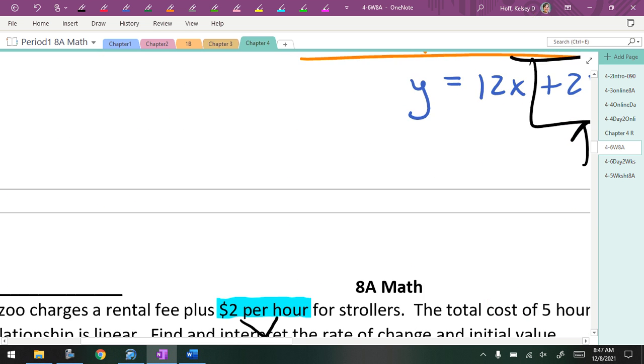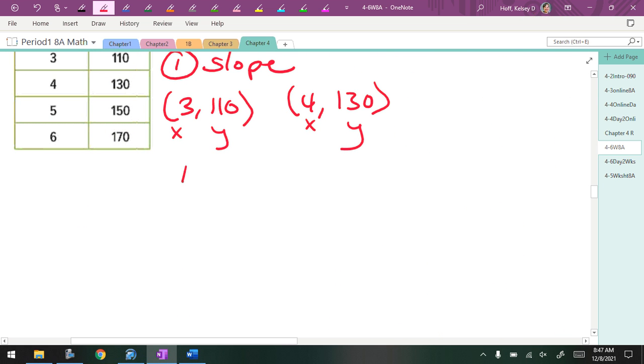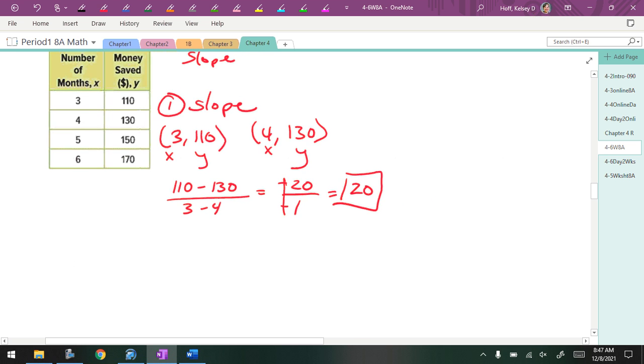Okay, so if I go back to Ava's problem, did you start with 110? 110 minus 130 divided by 3 minus 4. 110 minus 130 would be negative 20. And what happens? There, it's plus. Very good. Ends up being 20. Nicely done, you guys.